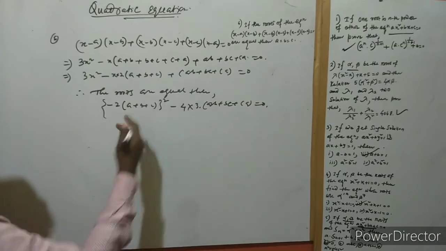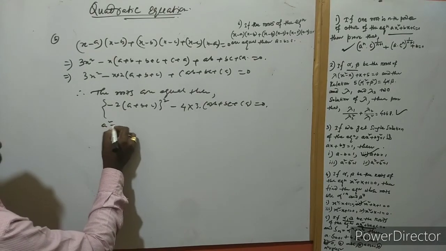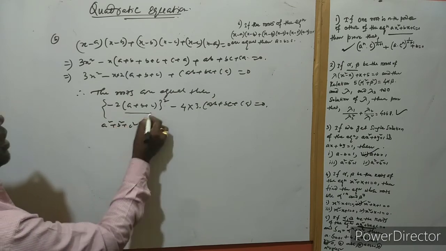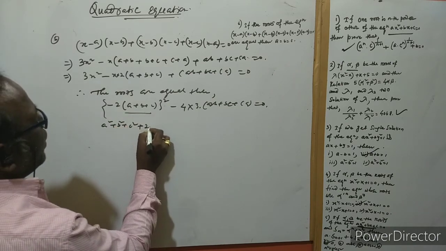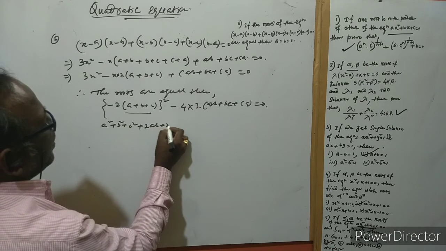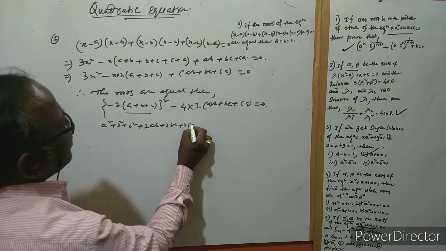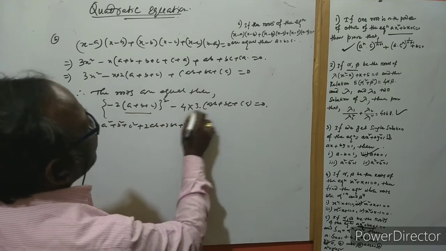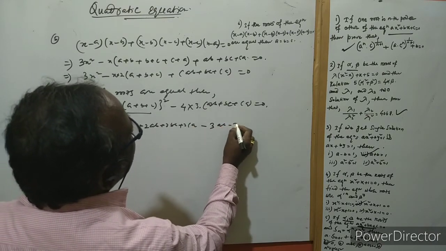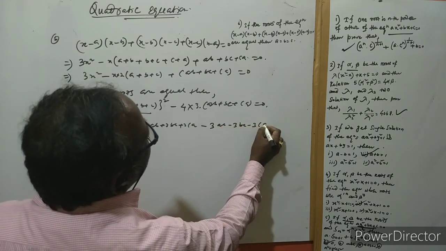So simply 4 is cancelled. A square plus B square plus C square, we split the formula: twice AB, twice BC, twice CA, and 4 is cancelled, so multiply by 3 here, 3AB, 3BC, 3CA equal to 0.